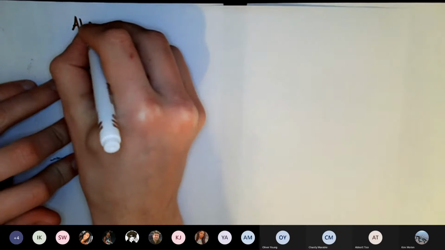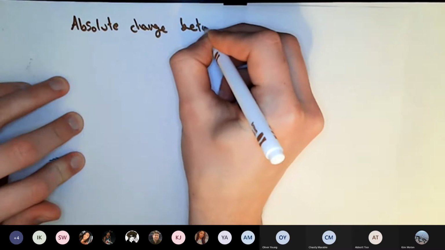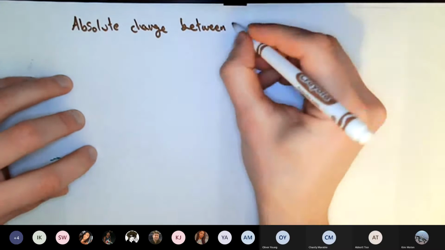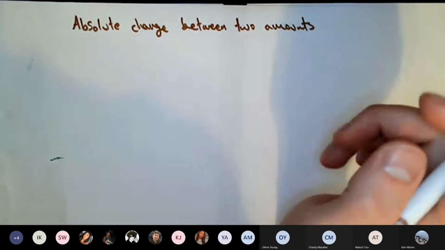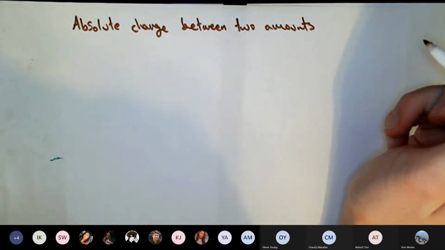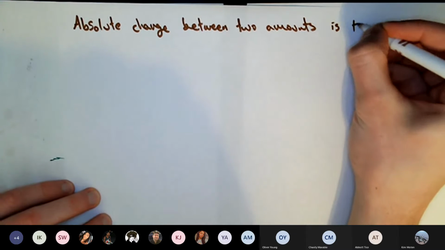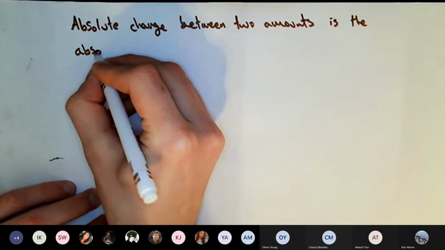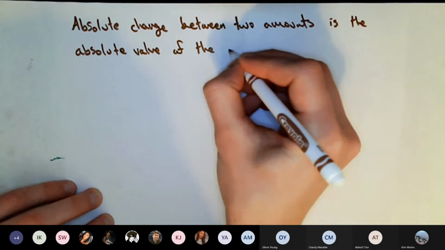So let me put this in more general terms, and we will build the formula that the book gives us. First of all, the absolute change between two numbers is what I called the difference a minute ago. And why does it have a fancier name? Because we want it to always be positive. So we say this is the absolute value of the difference.